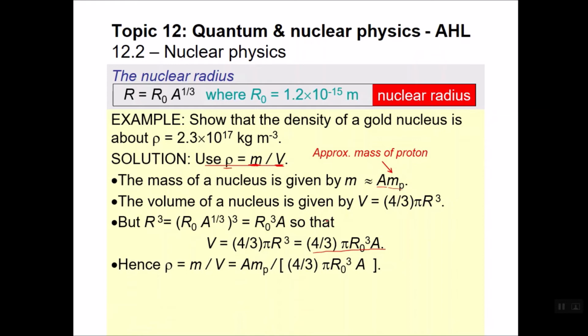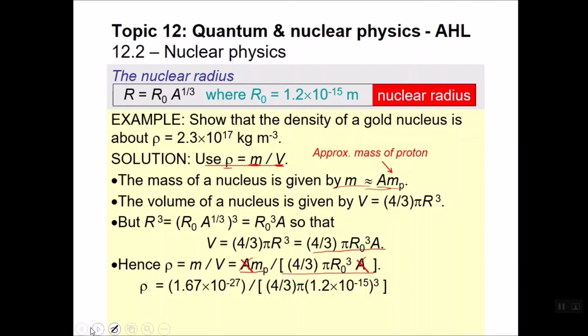Okay, so substitute all of that into our density equation, and here's our representation of mass given up here. Here is our representation of the volume given right here, and you notice that the A's cancel out. The atomic numbers cancel out, and that means that every nucleus has this density, which makes sense because it's all protons and neutrons, and they're all the same regardless of where you are in a nucleus.